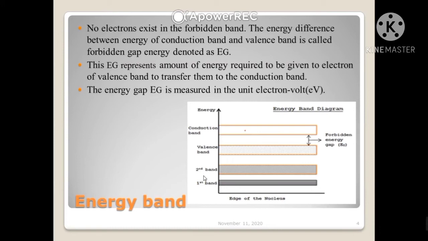The electrons which become free from the valence shell form the conduction band, at the topmost of the energy. The gap between the valence band and conduction band is called the forbidden energy gap, Eg.